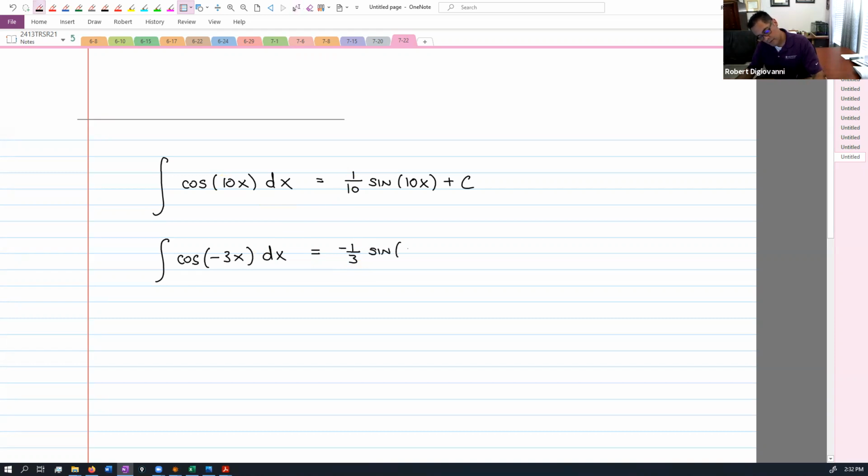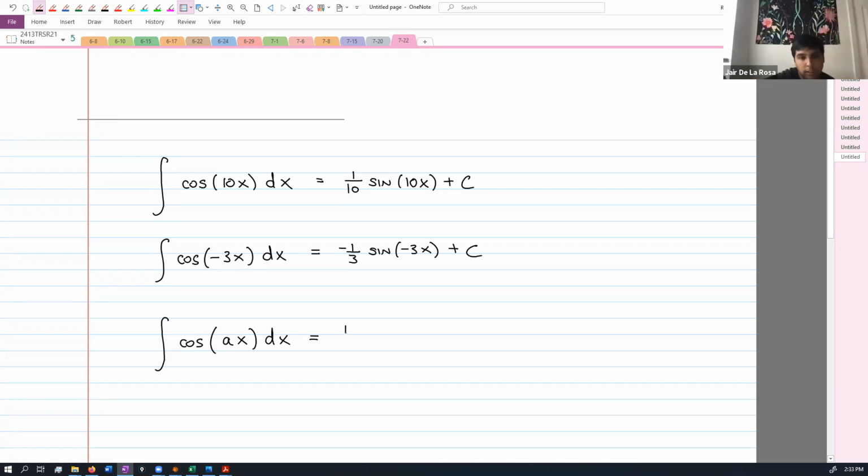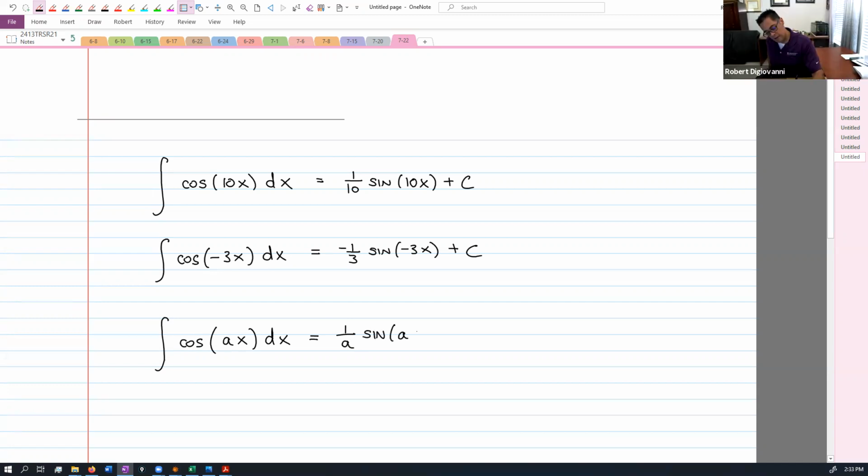Sine of negative 3x plus c. So now Cody's question. What about cosine of any constant a times x dx? It should be 1 over a sine of ax plus c.